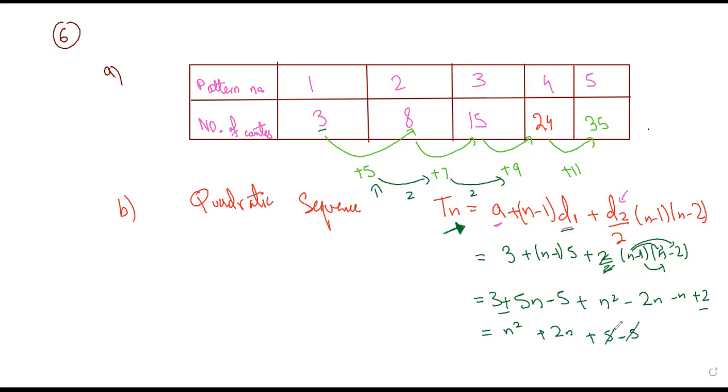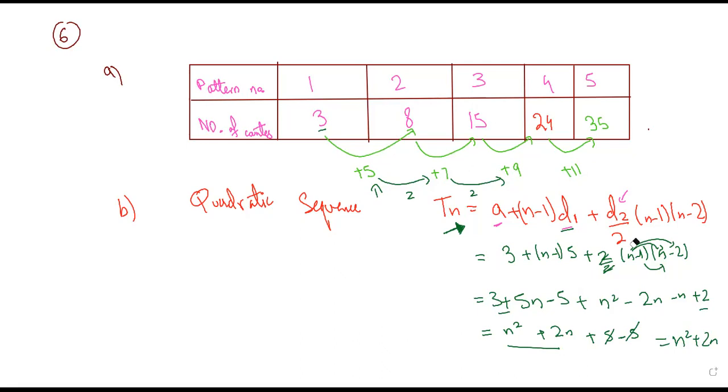This and this, they would be cancelled and we'll be left with n square plus 2n. And this was the answer, right? N square plus 2n is the answer. So Turhan, did you understand your mistake? Yes, I didn't cut out 3. Okay. All right, no problem.